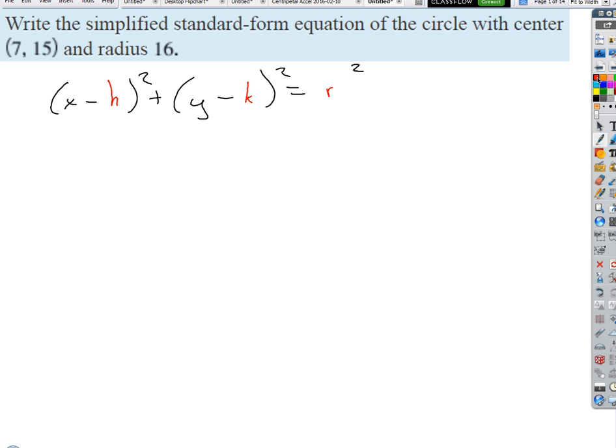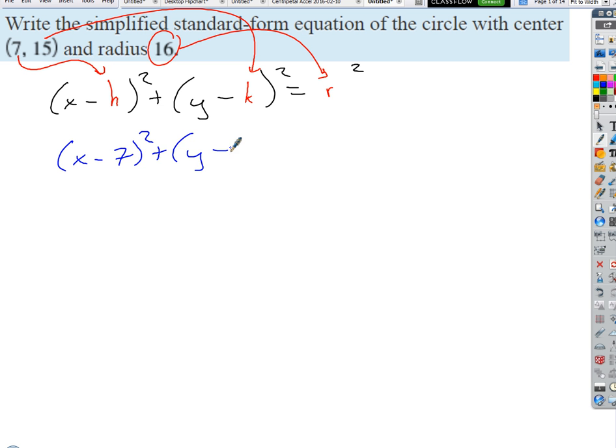So then all we have to do is plug in 7 for h, 15 for k, and 16 for r. That's it, right? So what do I get? I get the quantity x minus 7 squared plus the quantity y minus 15 squared equals 256, if I square 16. That's what would go into Moodle, right there.